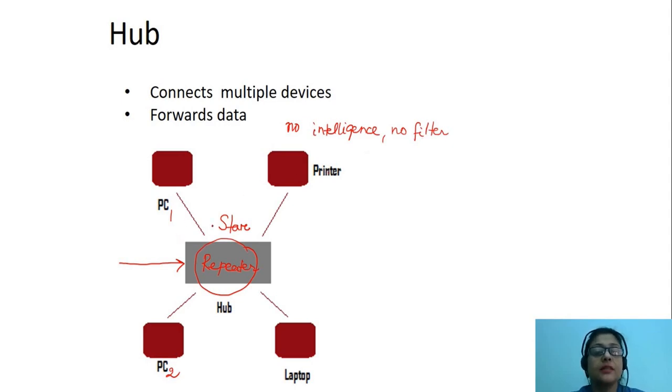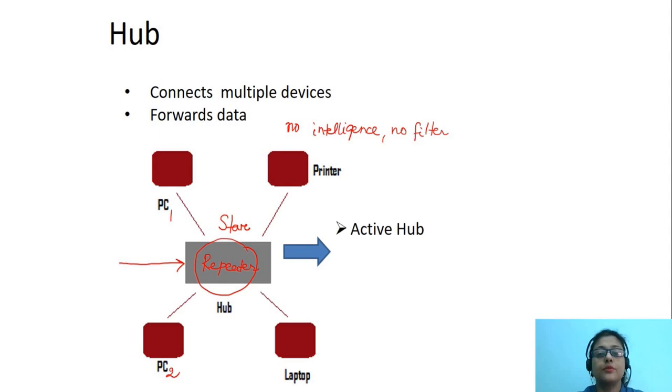So what it does, it floods whatever data has come to it, it floods the entire network with the data. Flooding means broadcasting the data to all the connected nodes. Now, based on the address, the PC or the printer to which it is addressed will accept it and all the others will reject.